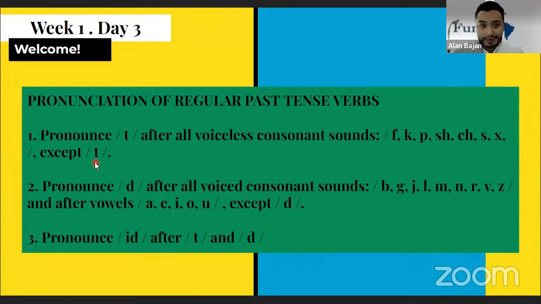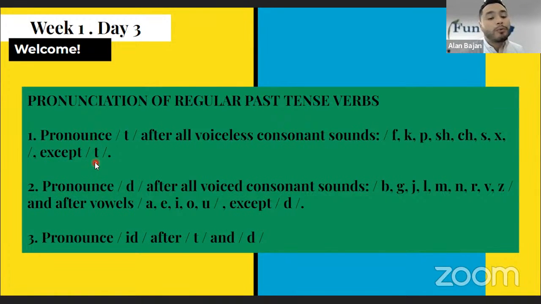We find all the verbs that end with the sound of the letter F, the sound of the letter K, P, SH, CH like watch, S, and X, and we call these sounds voiceless.